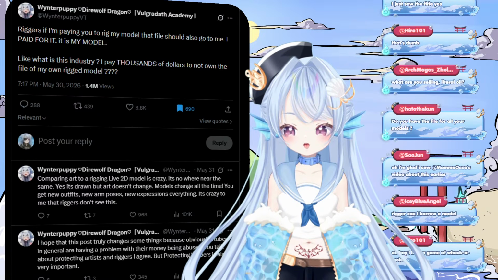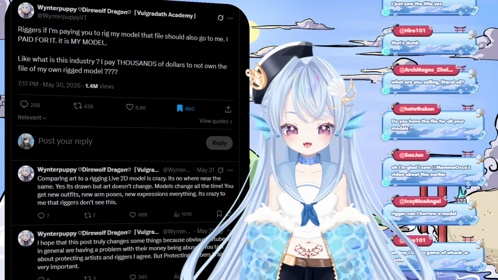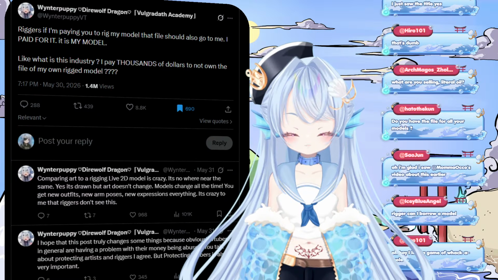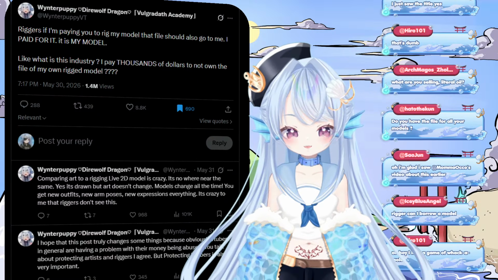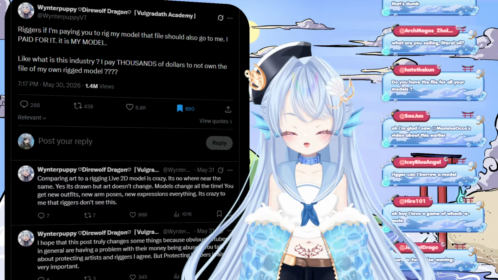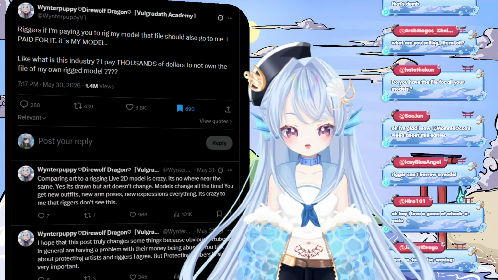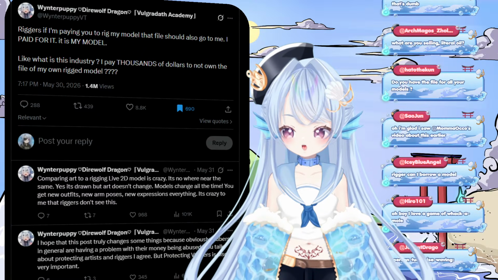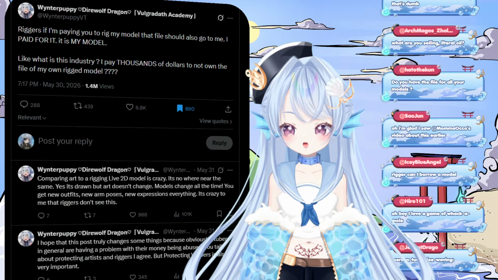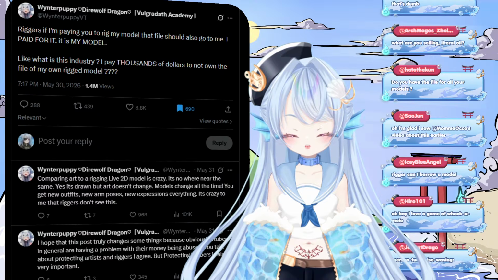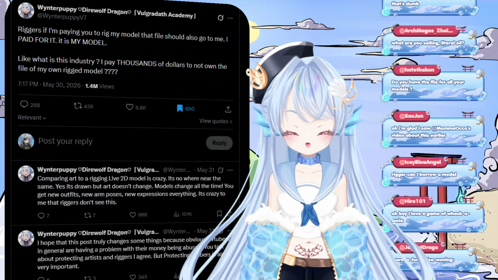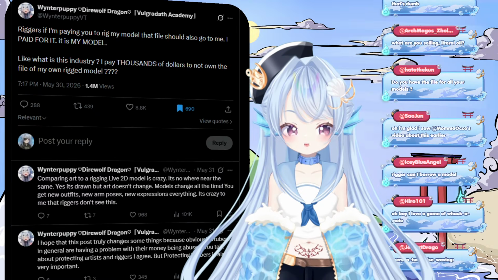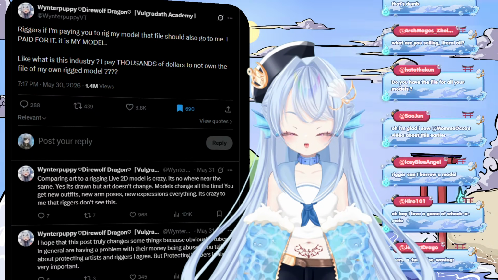I have one that's just called the CMO3 is mine. These are rigger tweets I found where I couldn't really put them into a specific category other than I refuse to give you the file because I don't have to give you the file, it's mine. I have another one just called entitled, which is a mix of riggers acting entitled and riggers saying that clients are entitled for wanting this file, even though they paid for it.